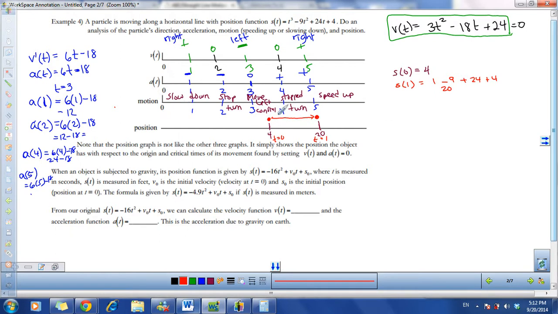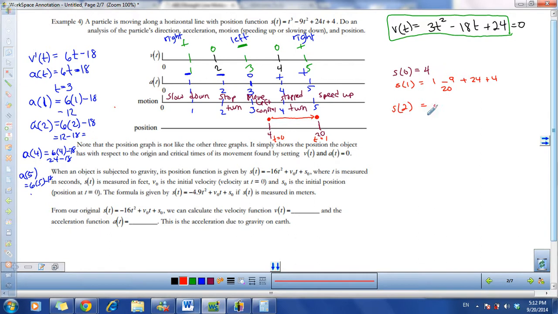Yeah, it moved to the right, and it's going to slow down because we're going to stop eventually. Then at s of 2, 8 plus 12 plus 4, that's 16, and 8, that's 24.